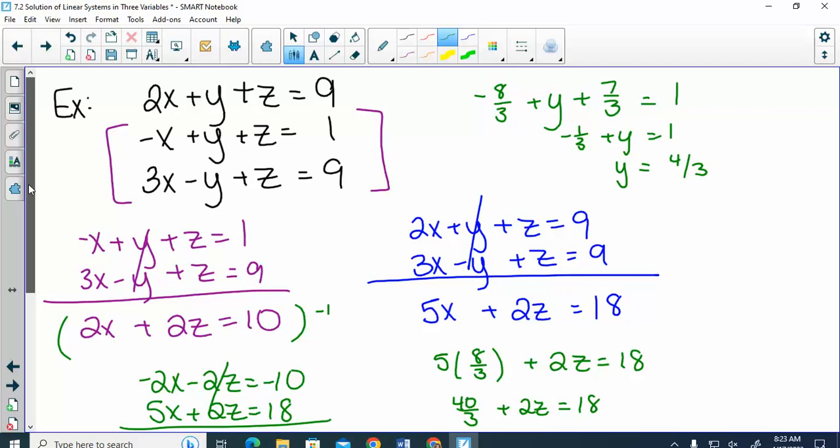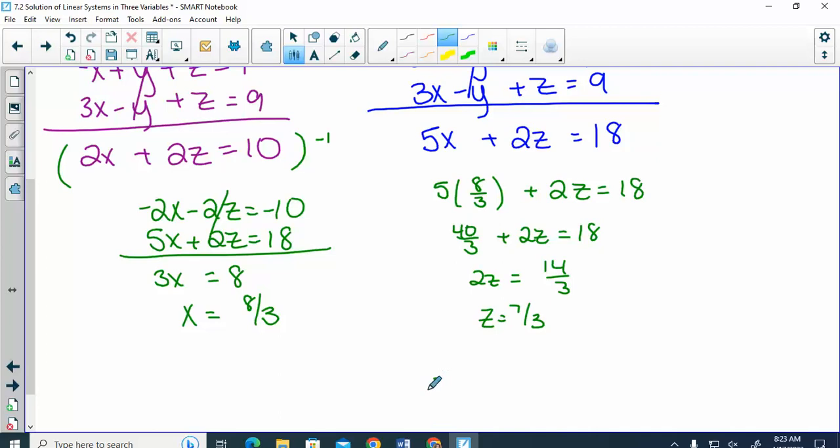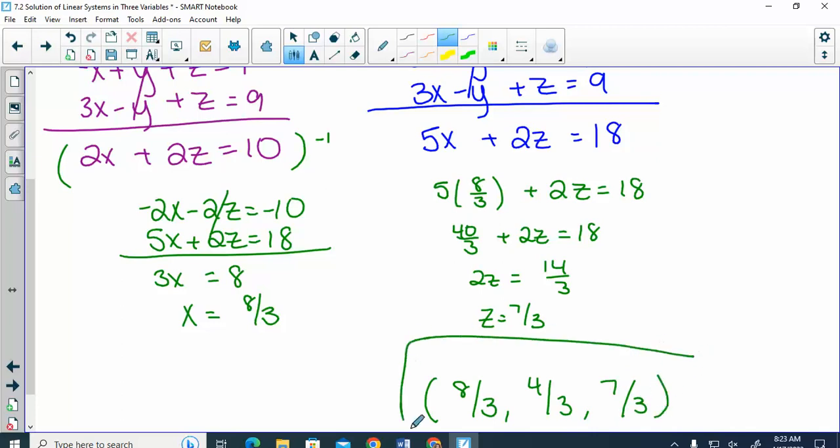I'll take your word for it. When you put them, you go x, y, z. You can always check them by plugging them into the original equations. If you were working it on your own and didn't get that, let me know.